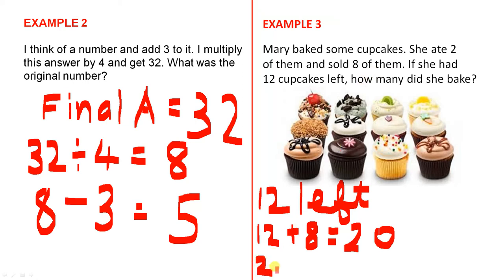So 20 plus 2 equals 22. And that's how she started off, with 22 cupcakes. Now you can actually start from the beginning here and just go through, and you'll find you'll get the answer at the end. But that's another perfect example of how we work backwards.